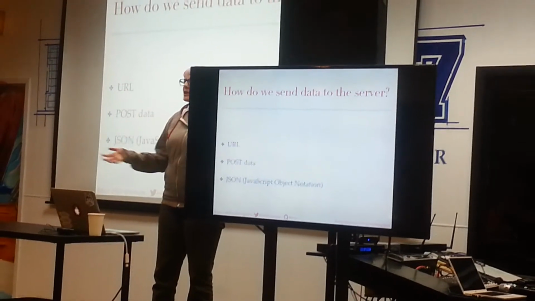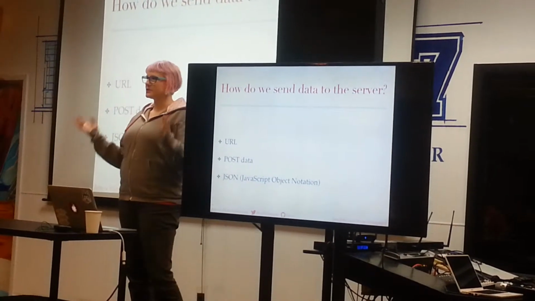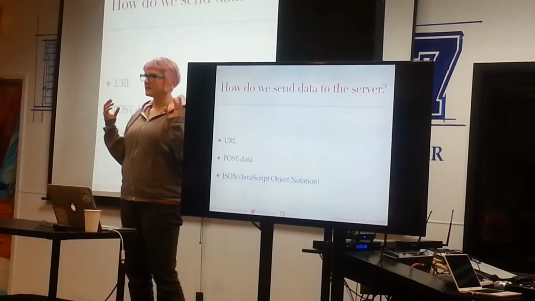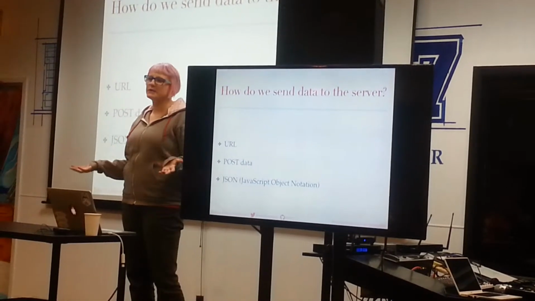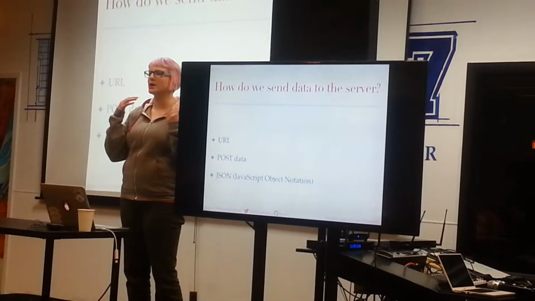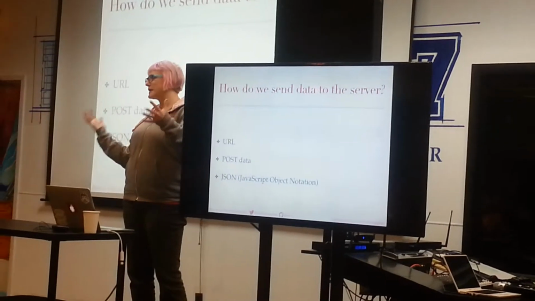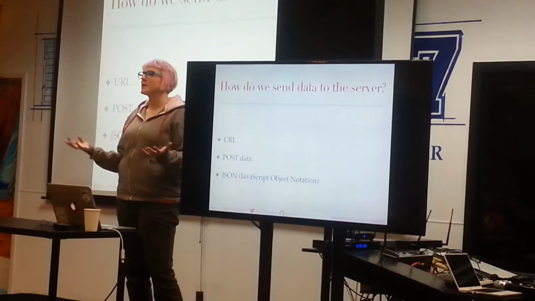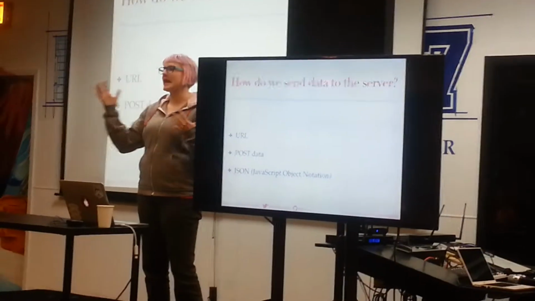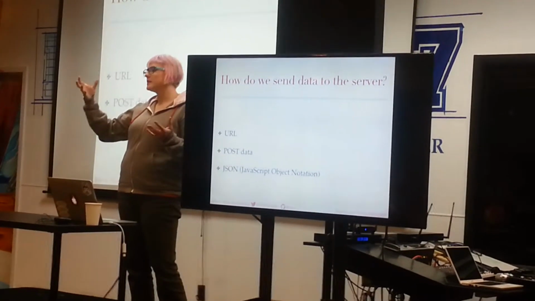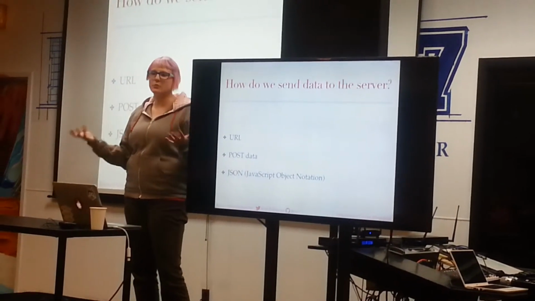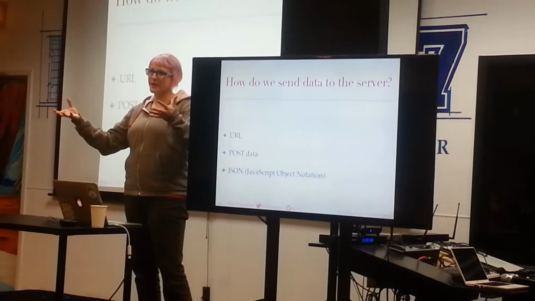So in general, there are really two ways that we send data to the server. One is in the URL, right? The standard Rails RESTful way to show something would be /user/1. That one is an ID, and we're basically passing data in our URL.